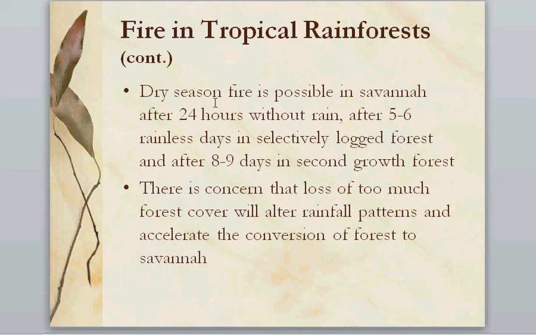There is a concern that loss of too much forest cover, particularly in the Amazon basin, will alter rainfall patterns and can accelerate the conversion of forest to savanna. What that means is that the Amazon forest rainfall has been studied, and through the use of stable isotopes of oxygen, they're able to say where the water came from, whether it was evaporated from the oceans or whether it has been transpired by plants.